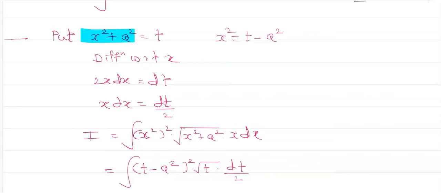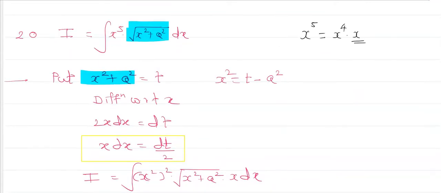Now, see this here. This is the value we required. x into dx is dt upon 2. Now see this x raised to 4.